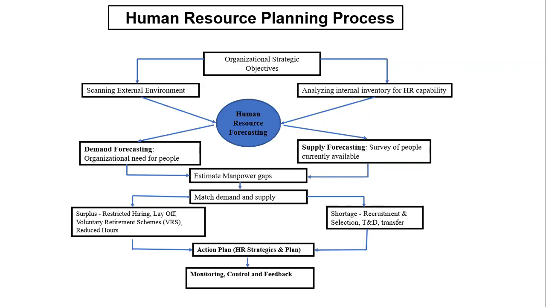What I'm saying is that after the top-level management decides and adopts the strategic objective, the task of the HR manager, the HR planner, begins, where he will pick these objectives and try to fashion out how he can use the human component of the organization to achieve it. Now, thereafter, the HR planner embarks on what we call environmental scanning.